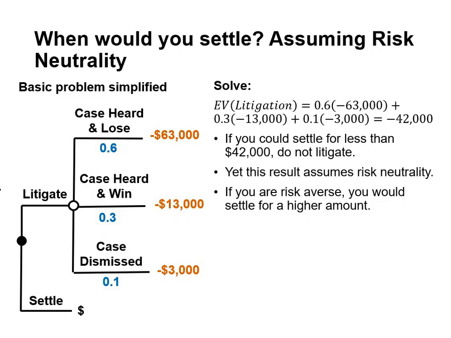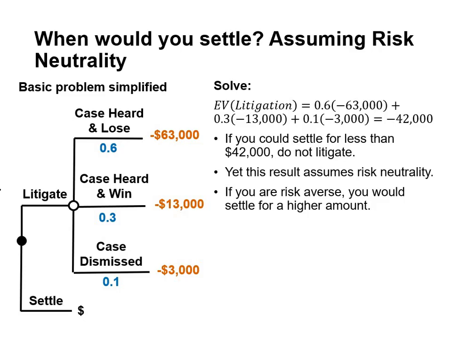The expected value of litigation is that you lose 63,000 with a probability of 0.6, plus with a probability of 0.3 you lose 13,000, and with a probability of 0.1 you lose 3,000. If you sum that up, you can expect to lose 42,000 if you litigate. In other words, you would settle for anything less than 42,000.